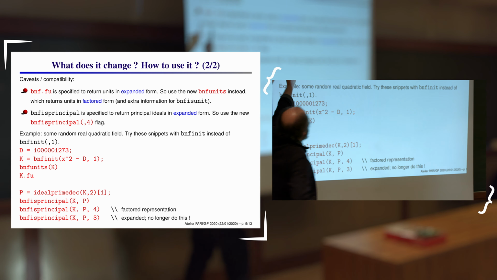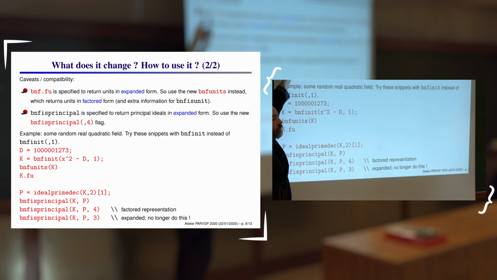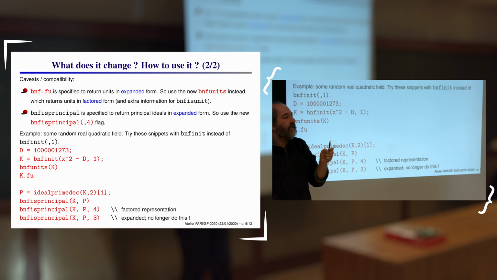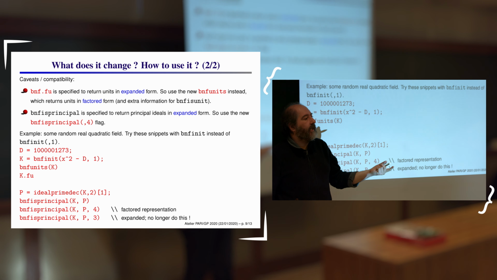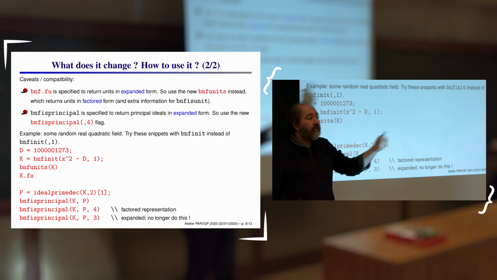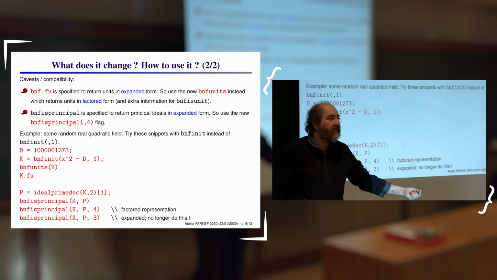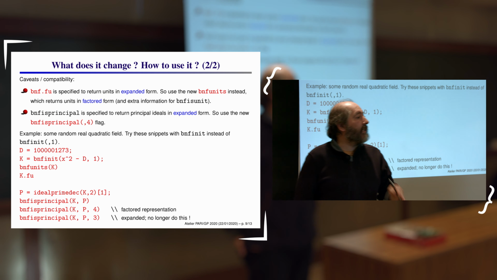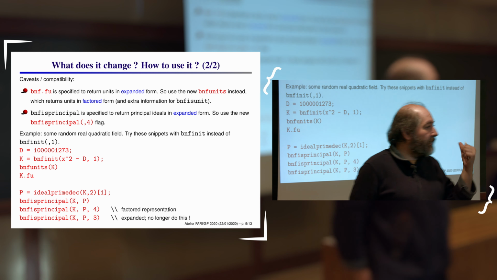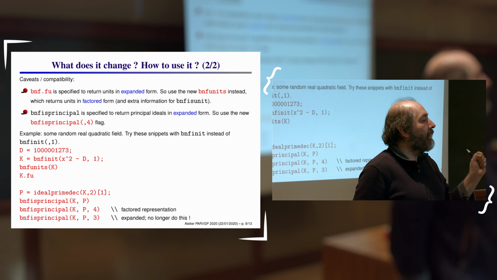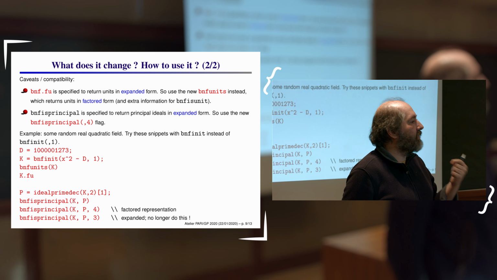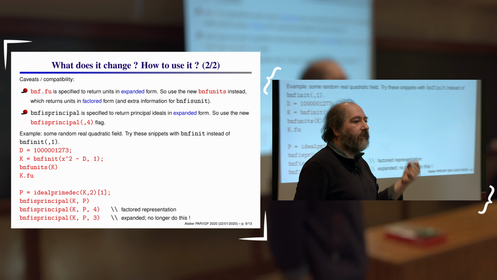So this is a very complicated algorithm. It used to be a simple accessor. It says, we computed the units from bnfinit. They are either stored in there and we get that instantaneously, or they are not stored in there and we get 0. Now we can take infinite time just asking for it. But in the cases where it returns something other than 0, it will return the same result.